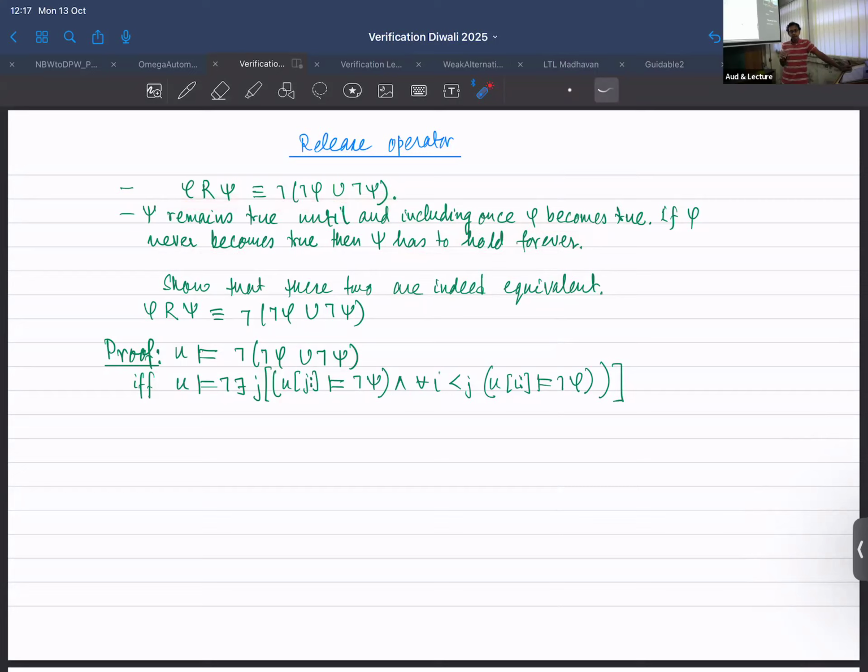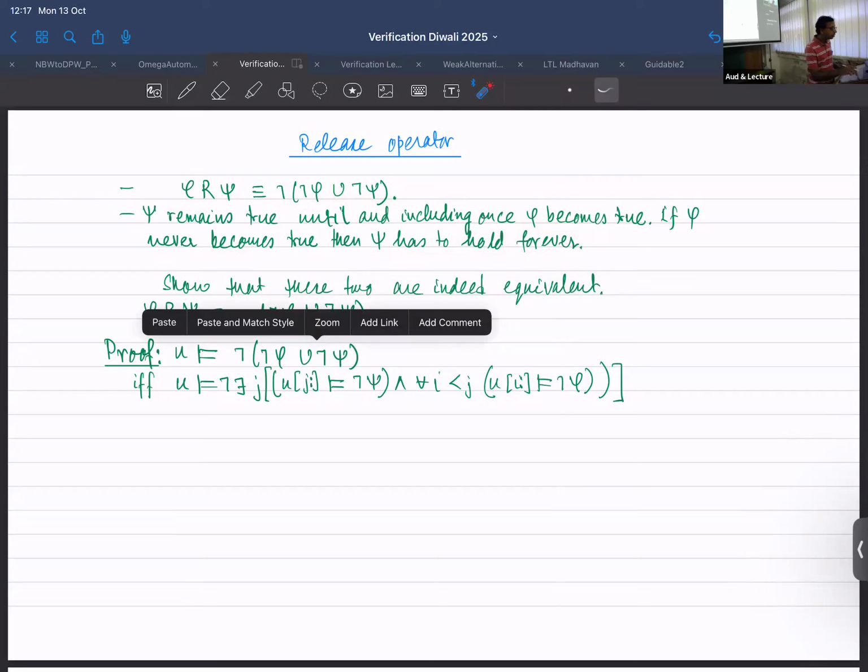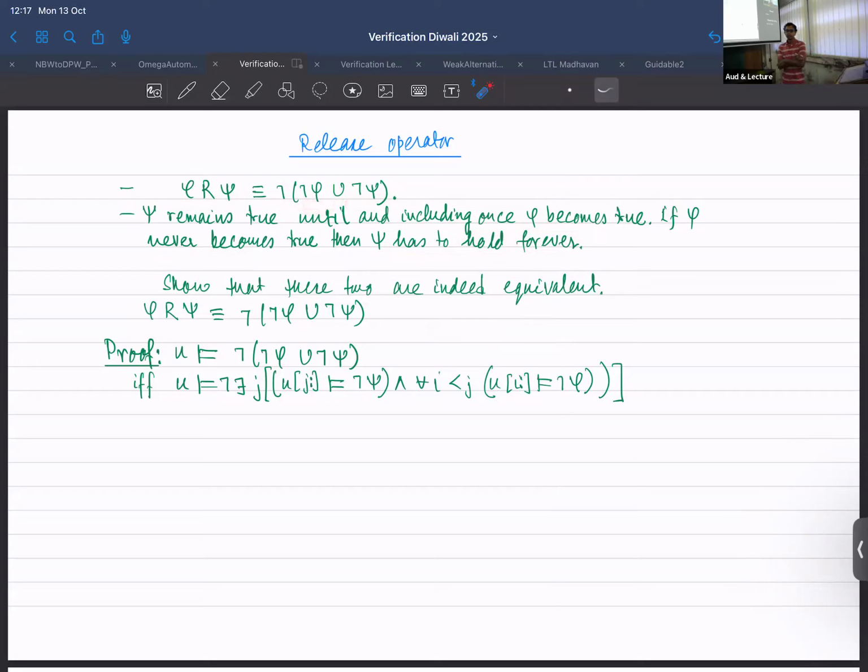So phi release psi is the same as negation phi until negation psi. So can we try to prove that they are indeed equivalent?